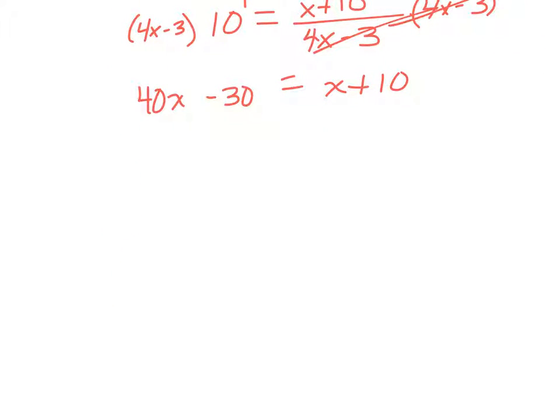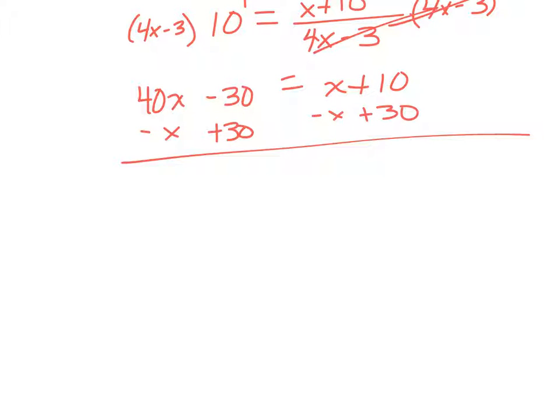That, at this point, is a linear equation. So let's put our x's on one side by subtracting x from both sides. And let's get them alone by adding 30 to both sides. So those cancel and those cancel. We have 39x equal to 40. So it looks like x is equal to 40 39ths.